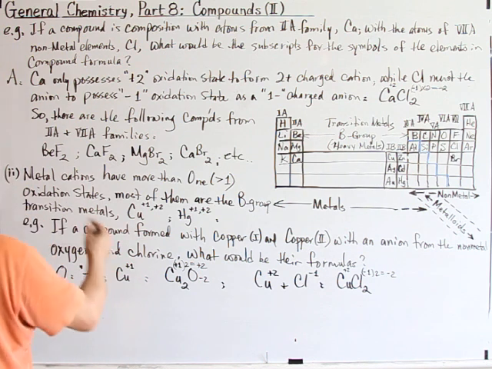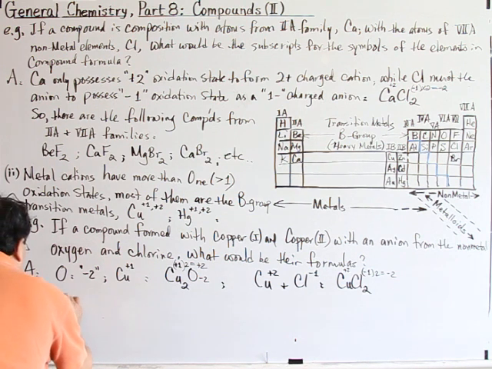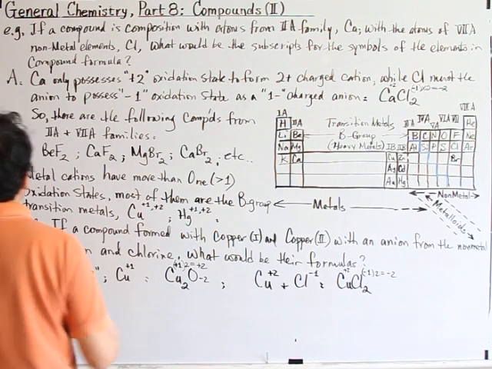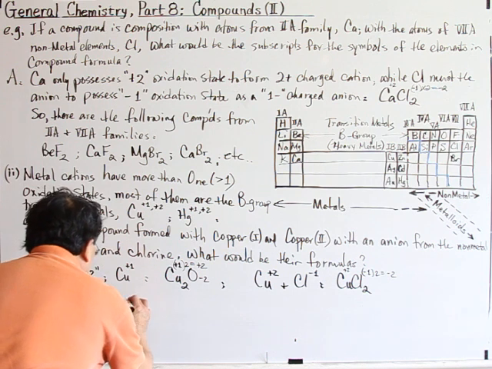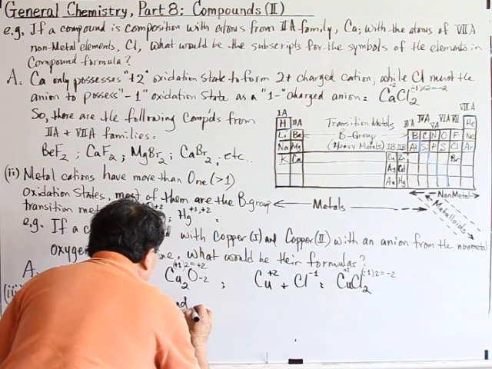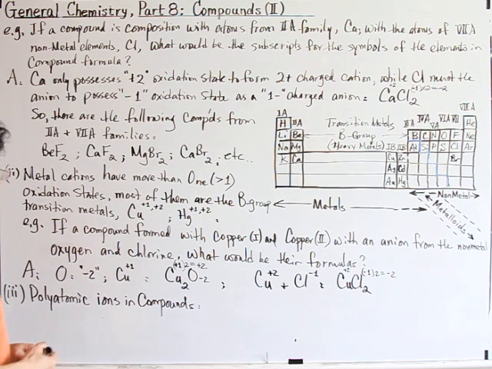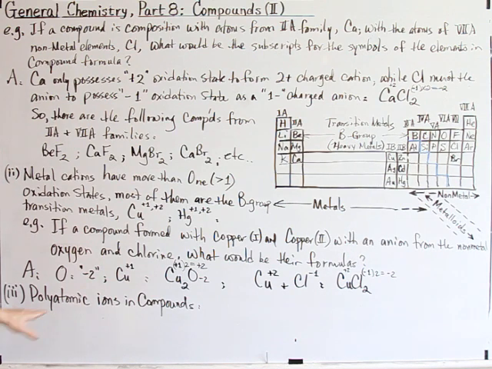So ionic, that's number 2. Number 3 is polyatomic ions in compounds, those compounds with polyatomic ions in them. Now, what is the difference between this and the first 2, which are binary? This is no longer binary.